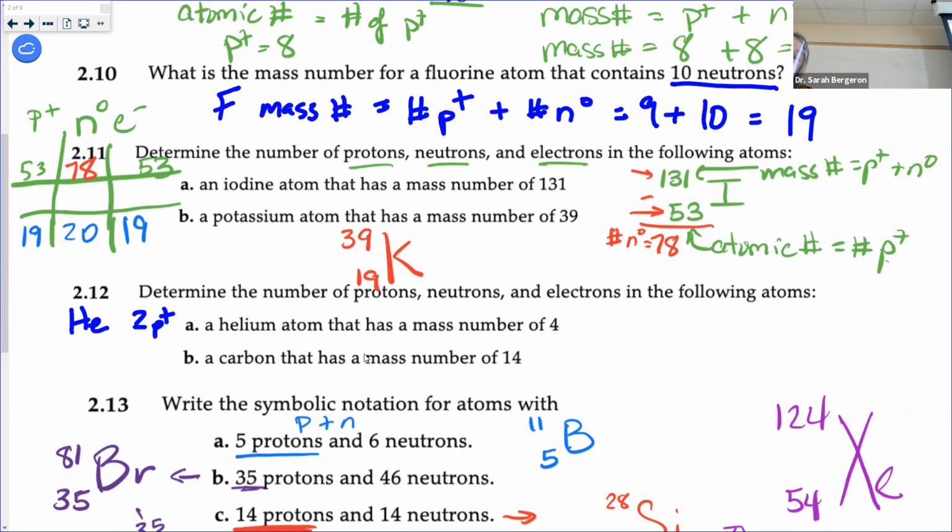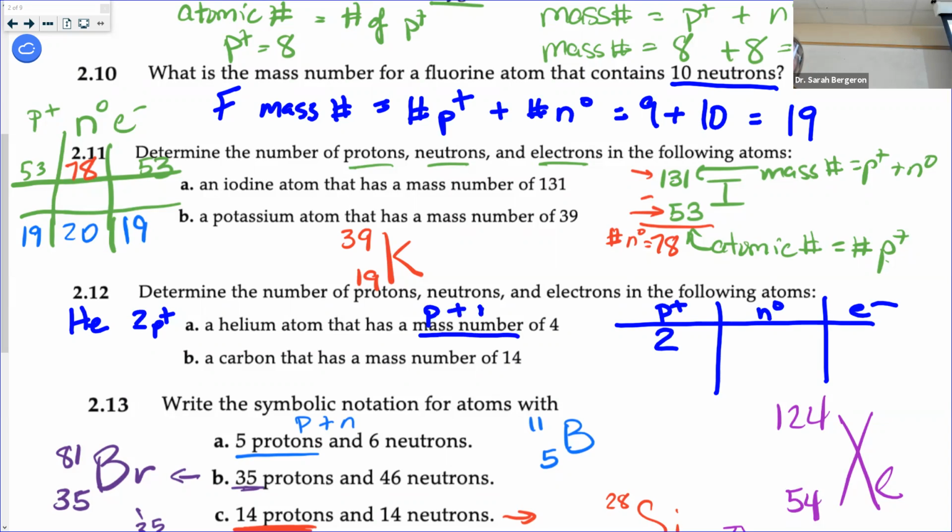Okay, so a helium atom that has a mass number of 4. What am I going to do? Protons, neutrons, electrons. You just told me the protons, there are 2. A mass number of 4, a mass number is protons plus neutrons. So how many neutrons? 2.